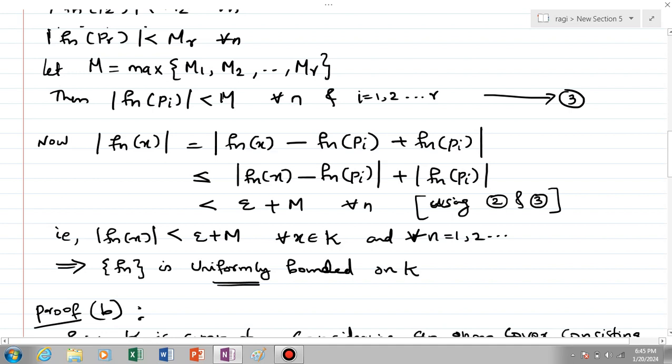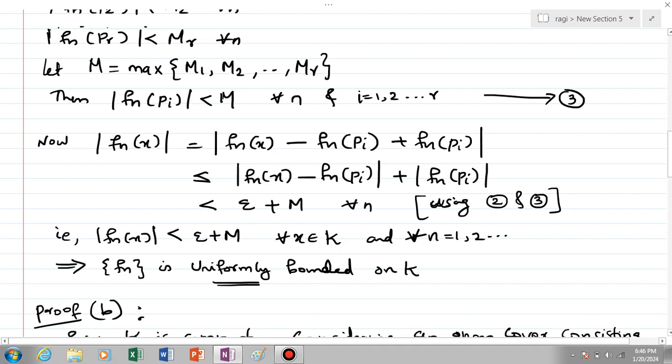We know that the first term is less than epsilon by equation 2, and the second term is less than M by equation number 3. So we have obtained that modulus of f_n(x) is less than epsilon plus capital M, where epsilon is a quantity that we have chosen and M is a natural number or real number which is a bound, clearly a constant. So M plus epsilon is a constant, and so modulus of f_n(x) is less than epsilon plus M for every x element of K and for every n equal to 1, 2, 3, etc.